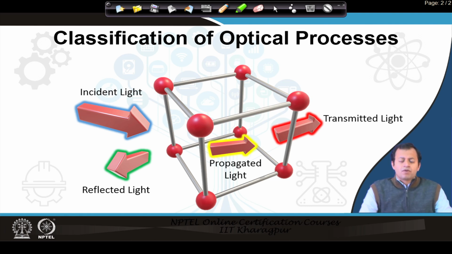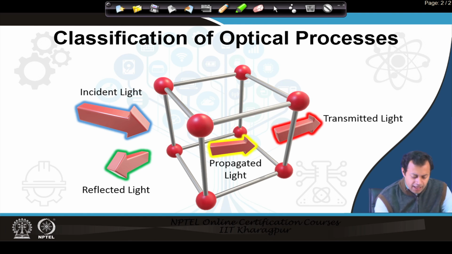We know this topic from, if not primary school, then secondary school, as nicely as it could be done. There is also an angle dependence between the incident light and reflected light.